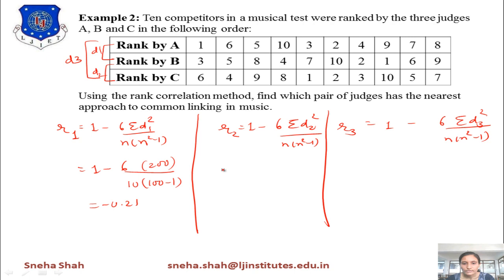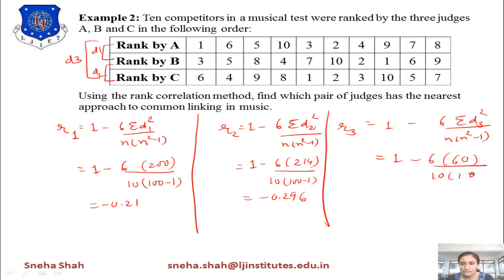Similarly, we will find the value of R2: 1 minus 6 sigma D2 square, which is 214, upon 10 into 100 minus 1, and the value is minus 0.296. Similarly, R3 is 1 minus 6 into 60 upon 10 into 100 minus 1. Simplifying this, the answer is 0.64.